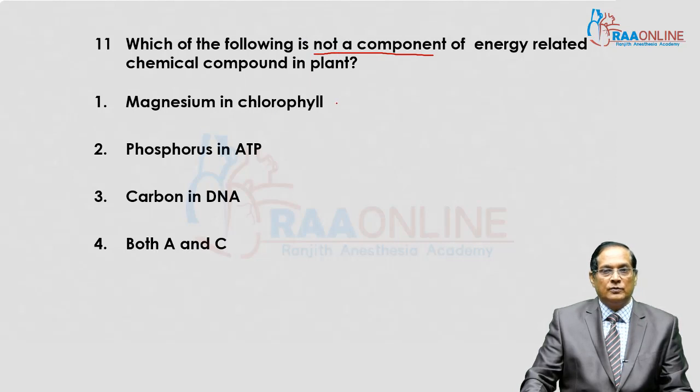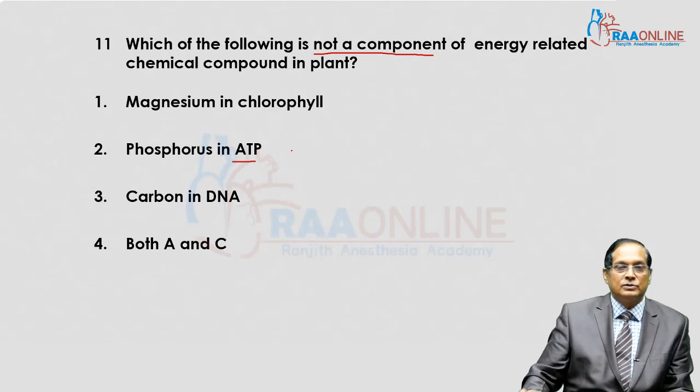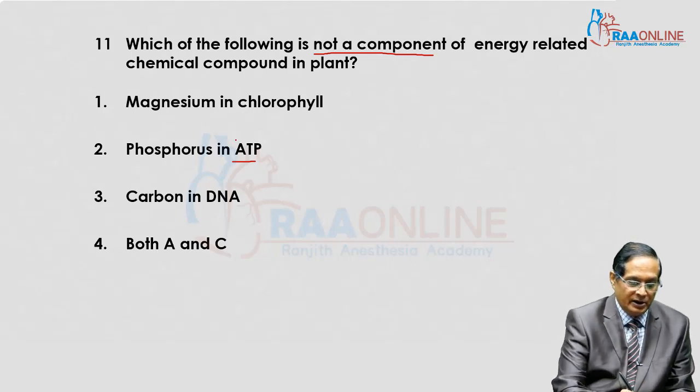Magnesium is found in chlorophyll, and definitely chlorophyll has the role in trapping solar energy. So that's what is related with energy. Then phosphorus and ATP. ATP are called the readily available source of energy in the cell.